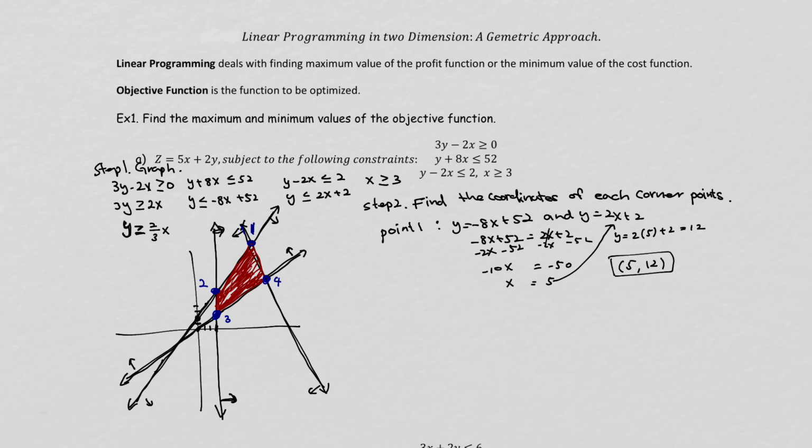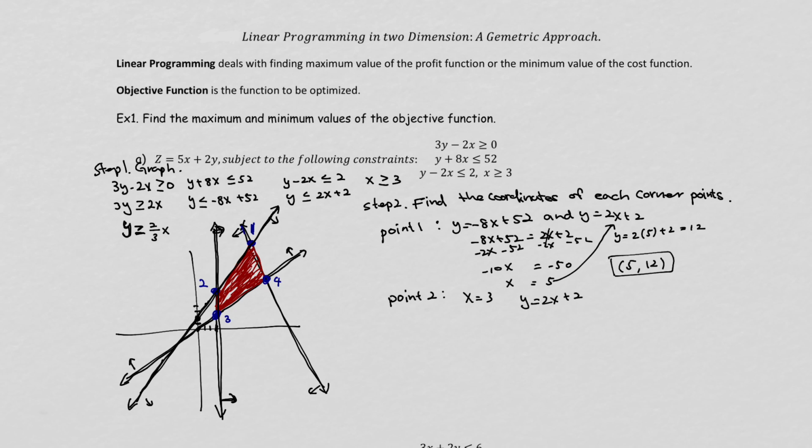Using the same method, we're going to find point 2. For point 2, you're going to use what? x is greater than or equal to 3, so we're going to use x equals 3. And then we're going to use this equation, which is y equals 2x plus 2.